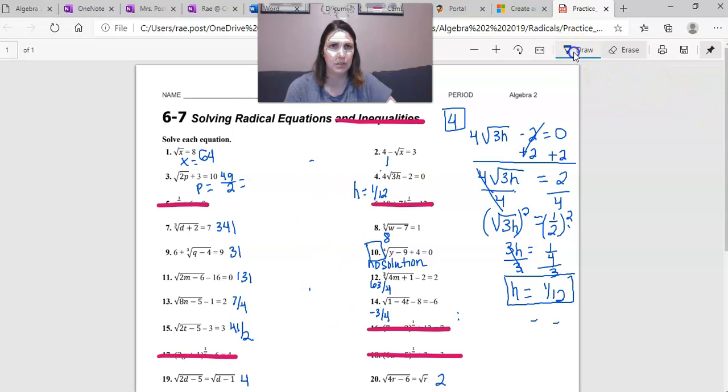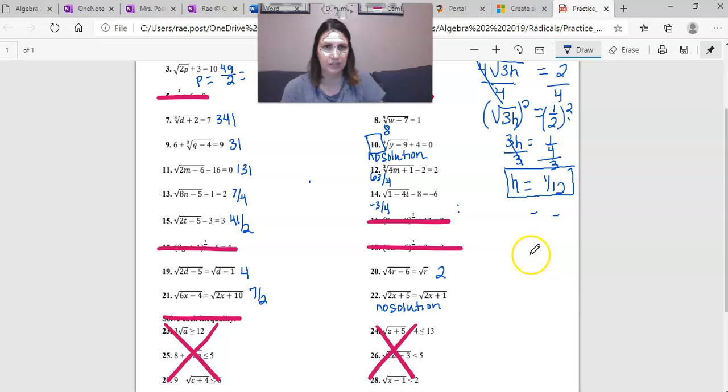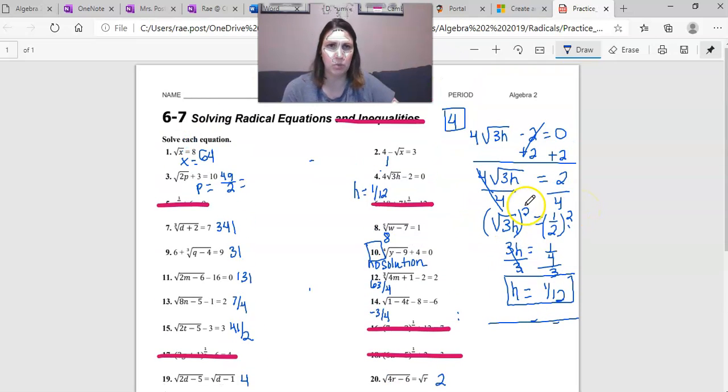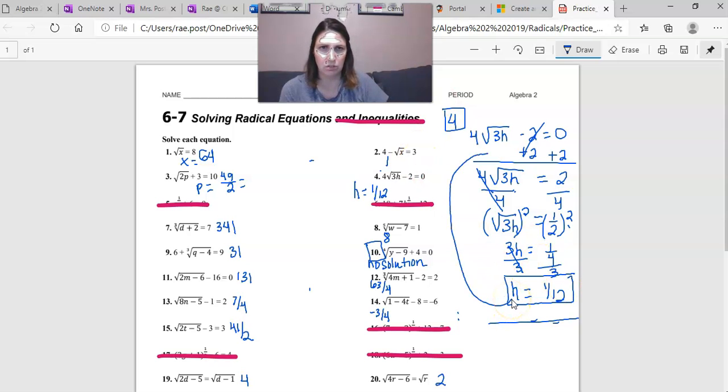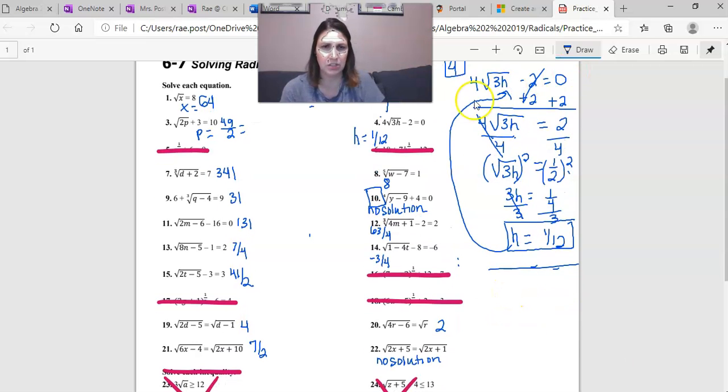Now, if I check it, that means we're going to plug in that h is equal to 1/12 into the original, right? So we're just going to plug that into the original right here and just make sure it gives us a true statement. So it's 4 times, let's check it.